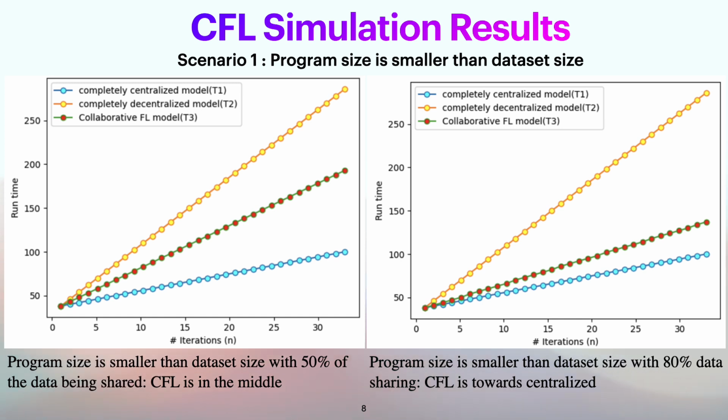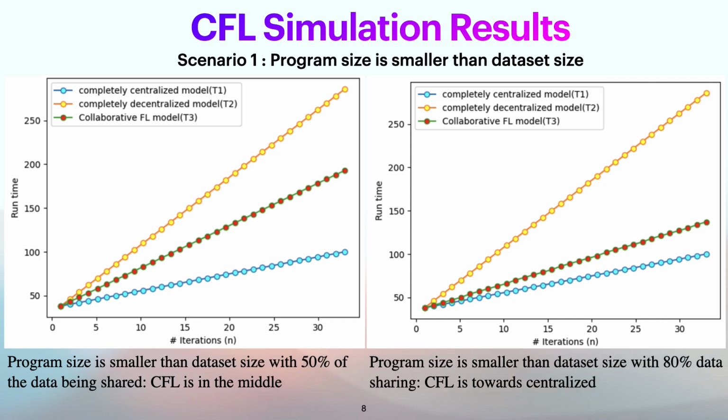Now, with those notations and equations, we took three scenarios on the relation between program size and data size. If the program size is smaller than the data set size, two things happen. On the left-hand side, we took some proportion of the data being shared: 50% and 80%.